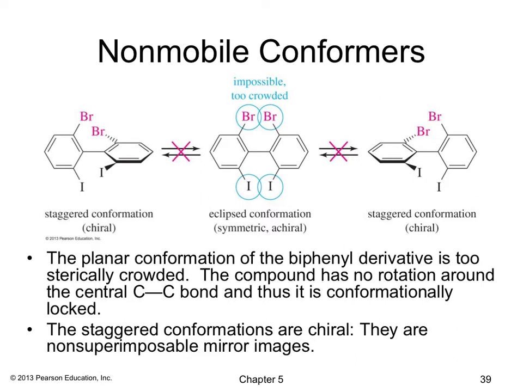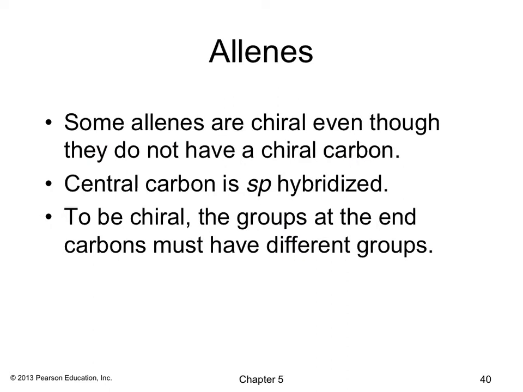Now, if we try to twist them so that they're planar, the problem is the bromines and the iodines will hit each other and will become crowded through steric hindrance. So then twisting it so that it becomes the other staggered conformation is not possible. And so these two conformations are chiral. They are non-superimposable mirror images.